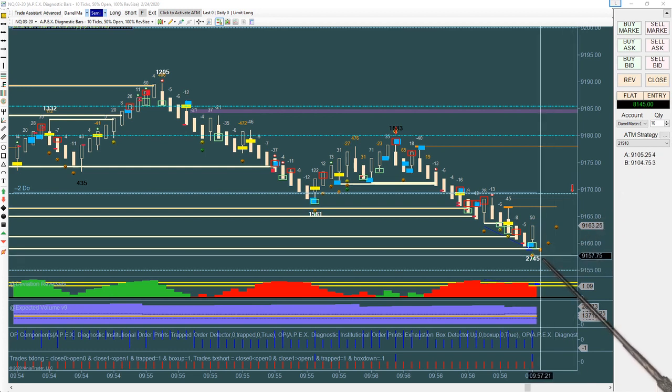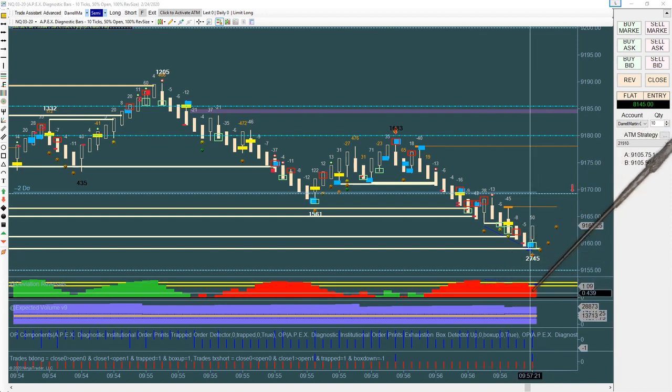Coming off a mini magnet, I like that. There's enough room to profit, I like that. And I have DR divergence, I like that.